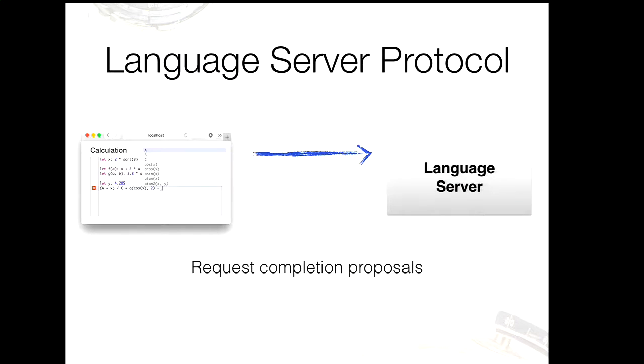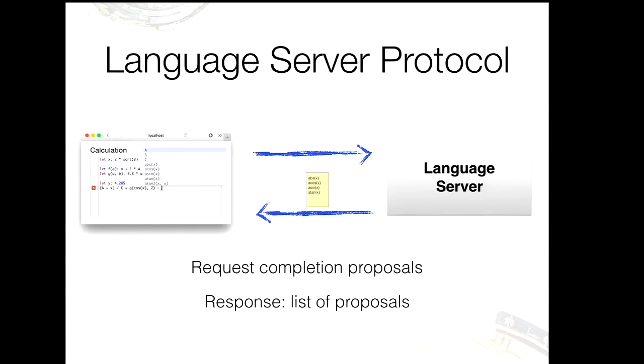First, let's have a quick look at the differences to what we have seen before with our Web API protocol. There is still request and response-based messaging. So if the user hits control space, there's again a completion request. The server processes that. The result is a list of proposals.